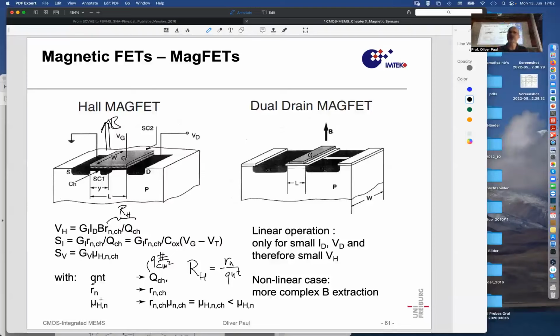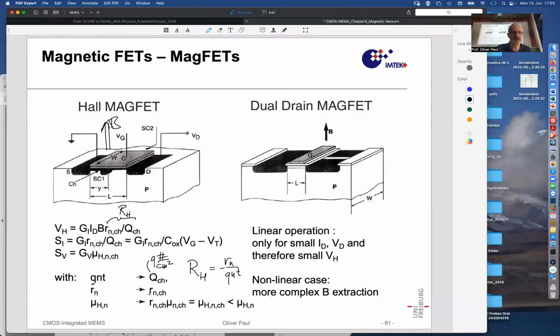So those will also hinder, and therefore the scattering factor is going to be different. And so will the Hall mobility, because the Hall mobility is some mobility times Rn channel here, and the mobility of the charge carriers in the channel is also different from what it is usually, because they scatter on the surface.